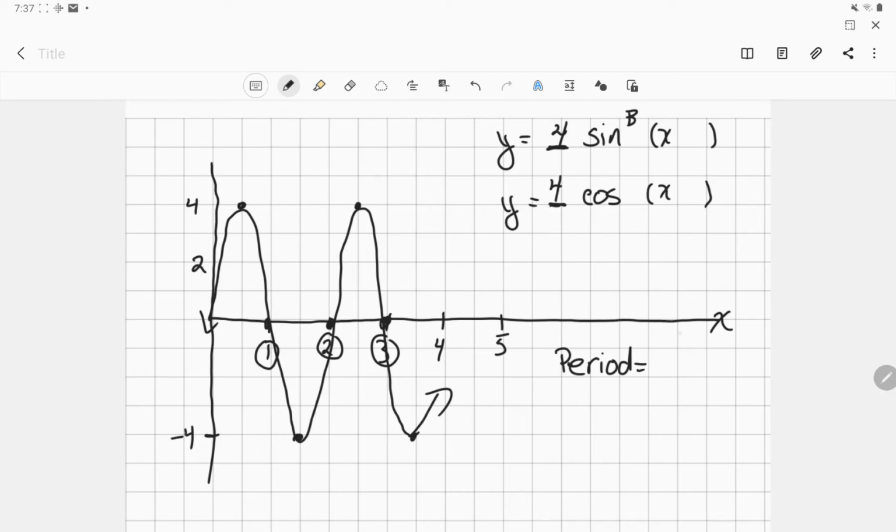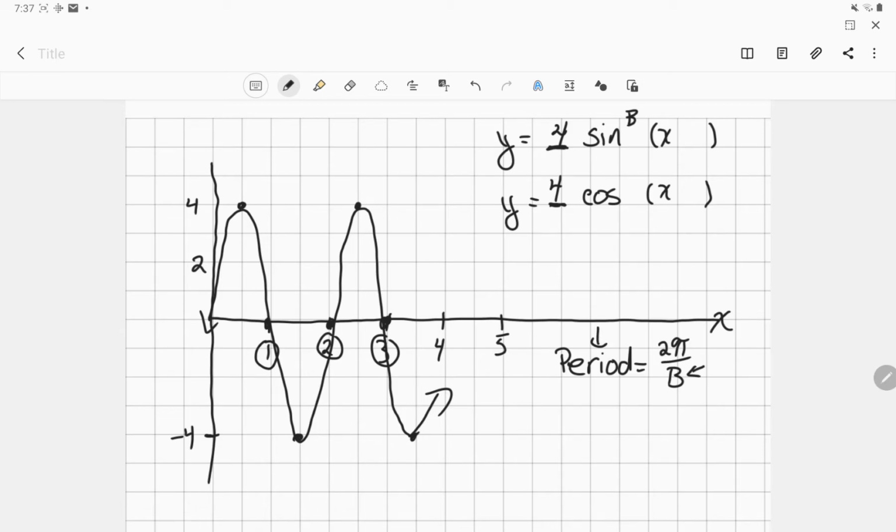If it's not in degrees, you have to assume radians. So the formula would be period is 2 pi over b. So what we want to know is b. So from the graph, we have to get the period.